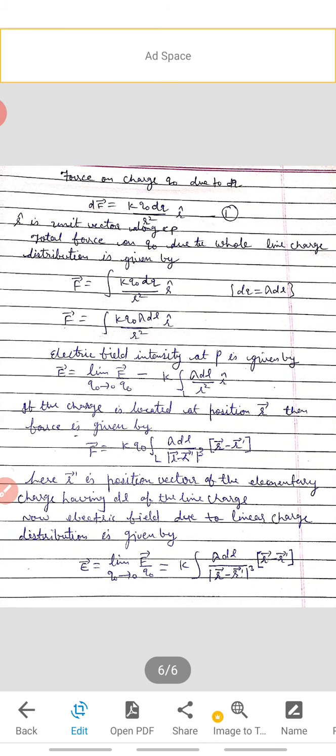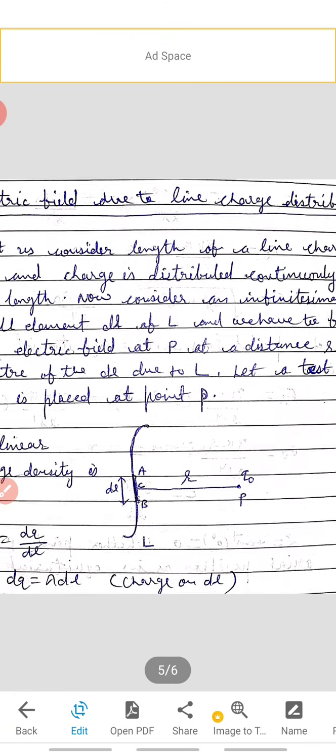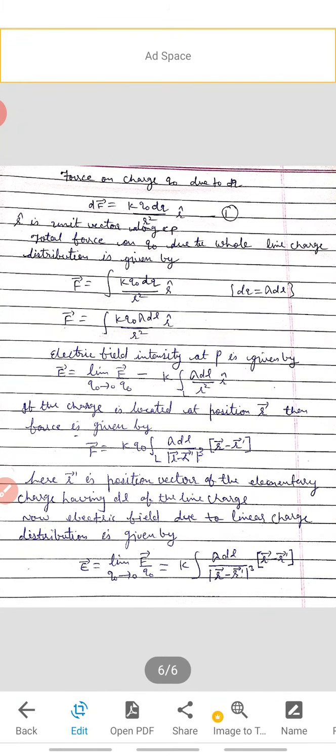Now force on test charge q naught due to dq. Apply Coulomb's law for this and we get dF is equal to k q naught dq divided by r square r cap, and here r cap is the unit vector along CP.